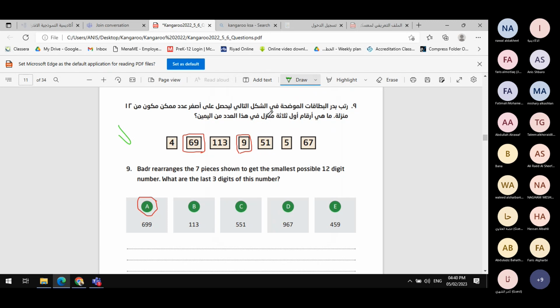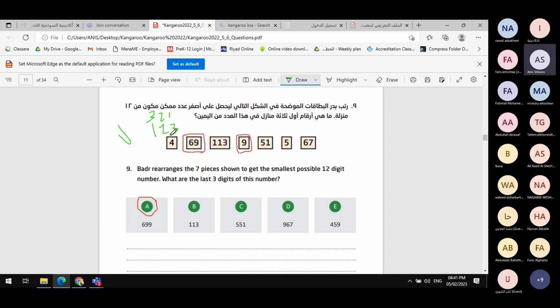Usually with any number, like 123, we obtain the biggest number by having the biggest digit on the left. So if we rearrange 1, 2 and 3, we are going to obtain 321.